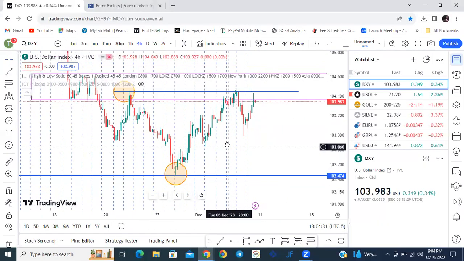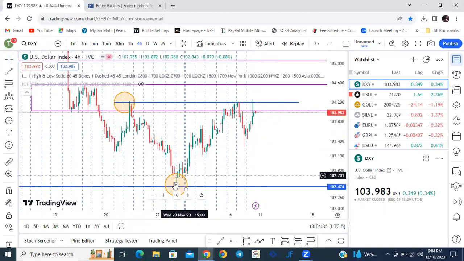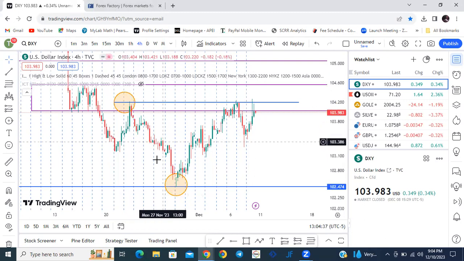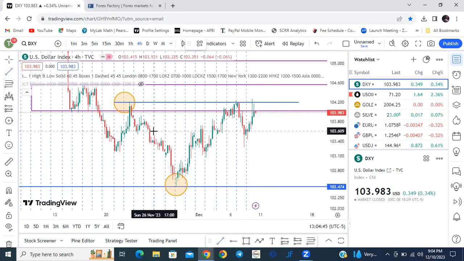From the 4-hour time frame, we can see these are the major highs and major lows that we had identified from the daily time frame. And we can see that in the 4-hour time frame, the price is trading within the internal structure between this major high and this major low.